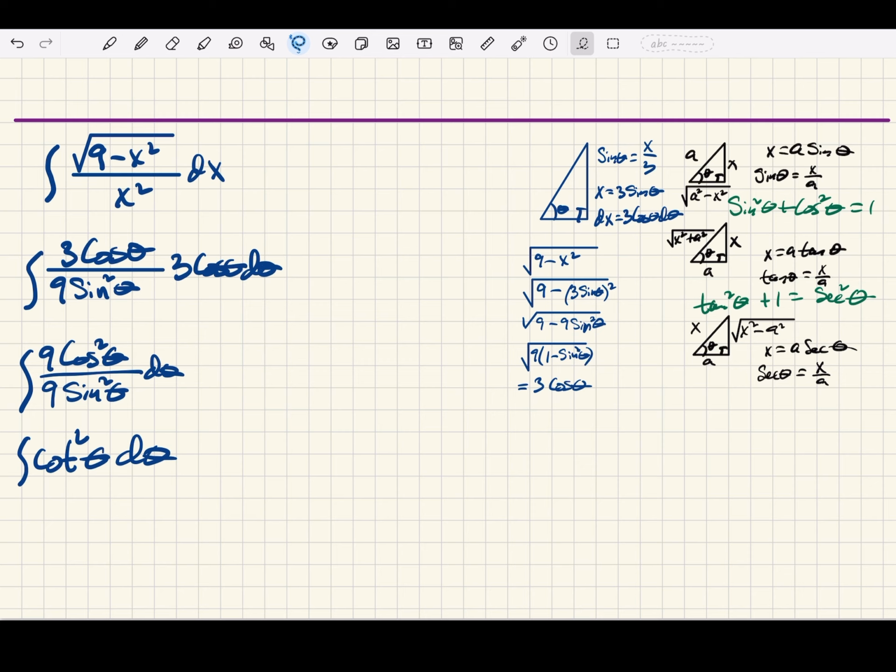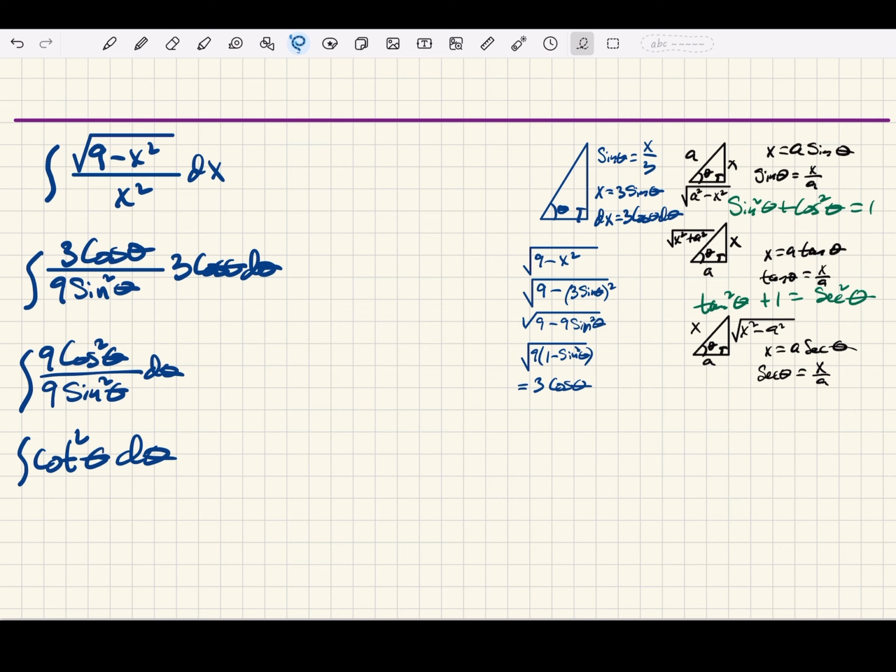Because you know about secant squared, right? What's the integral of secant squared? Yeah, tangent. What's the integral of cosecant squared? Isn't it minus cotangent? I think it is. We might have to look that one up. But let's make a substitution and get ourselves there and see what we're working with.